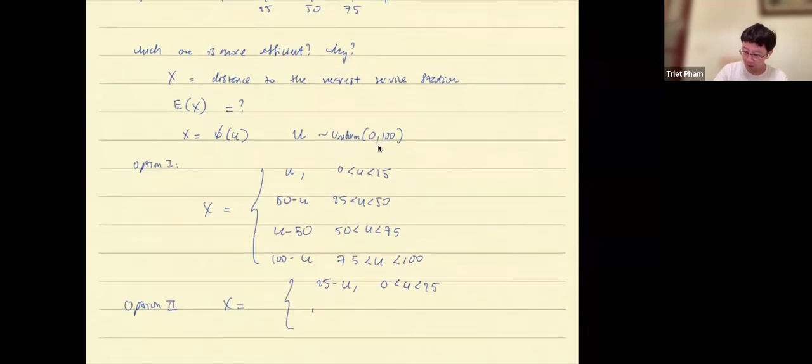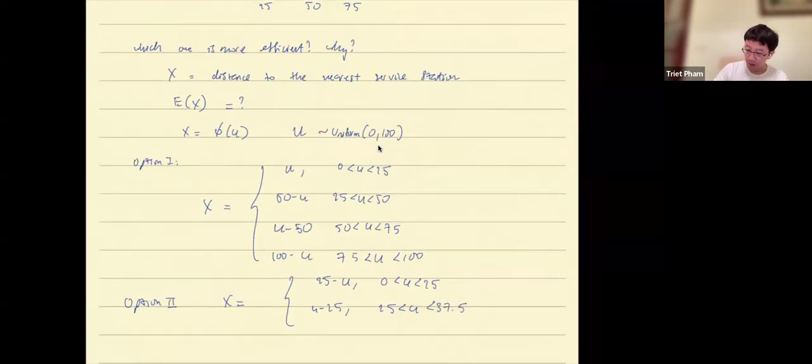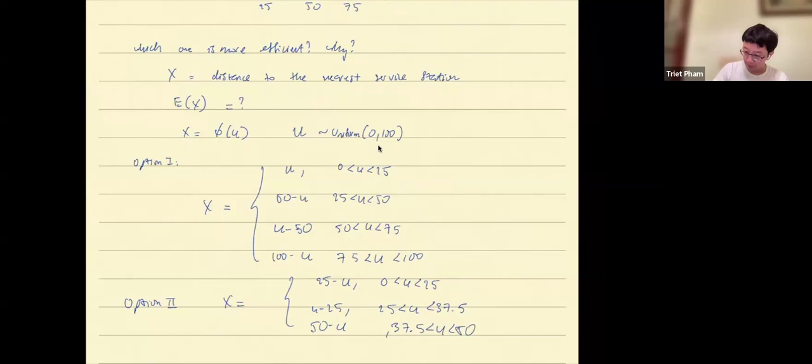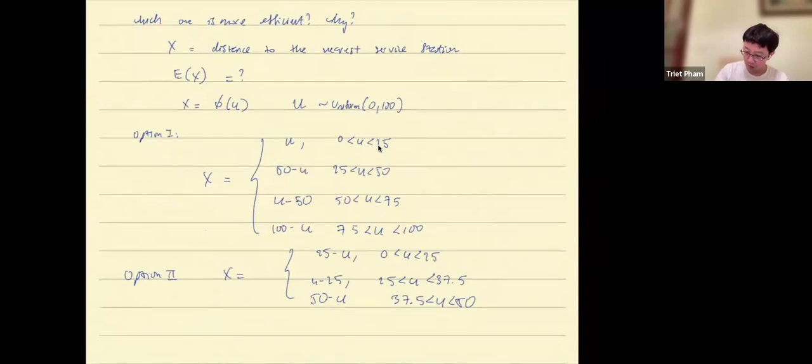So something like u minus 25 if you are between 25 and 37.5, and then 50 minus u if you are between 37.5 and 50, and then u minus 50 if you're in the midpoint here, up to 62.5.